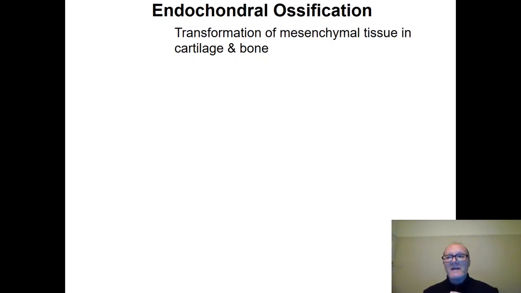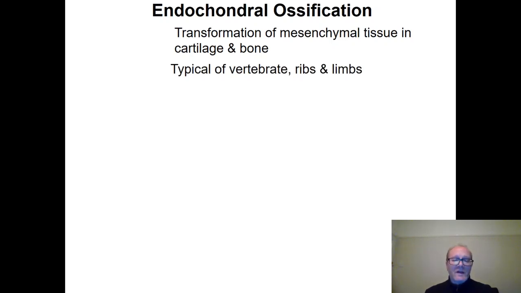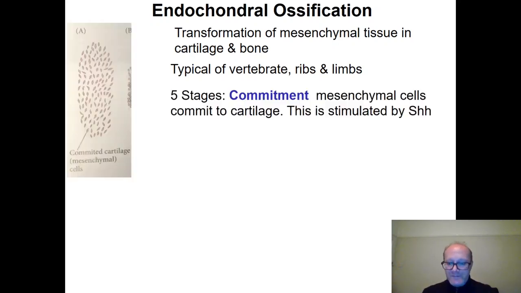Initially, this mesenchymal tissue will form a cartilaginous template, and then this template will become bone. This is typical of the vertebrae, the ribs, but also the bones in the limbs.